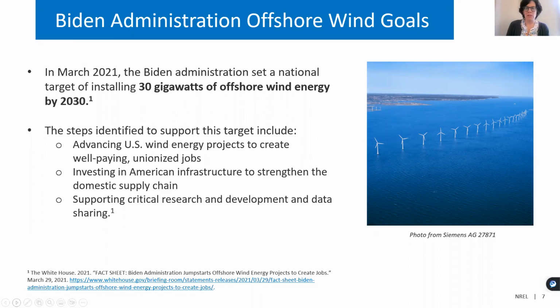They also made a commitment to provide port infrastructure development funding and expand financing options for developers and suppliers to help strengthen the domestic supply chain for offshore wind. And also, the federal government has made a commitment to support critical research and development and data sharing by bolstering the efforts of an initiative called the National Offshore Wind Research and Development Consortium, or RDC. Also by partnering with industry to fill ocean science data gaps and expanding studies on offshore wind impacts.